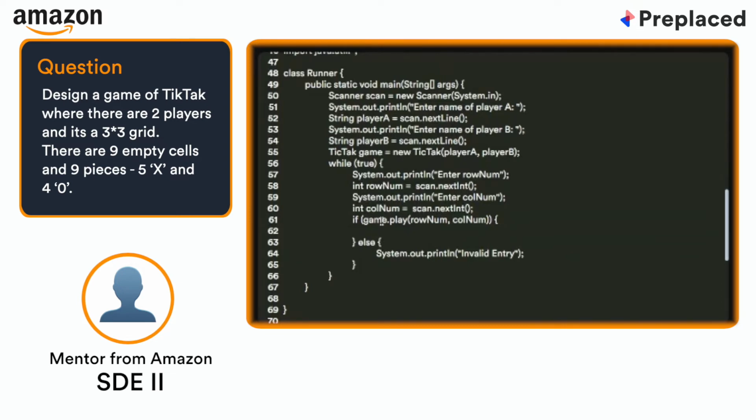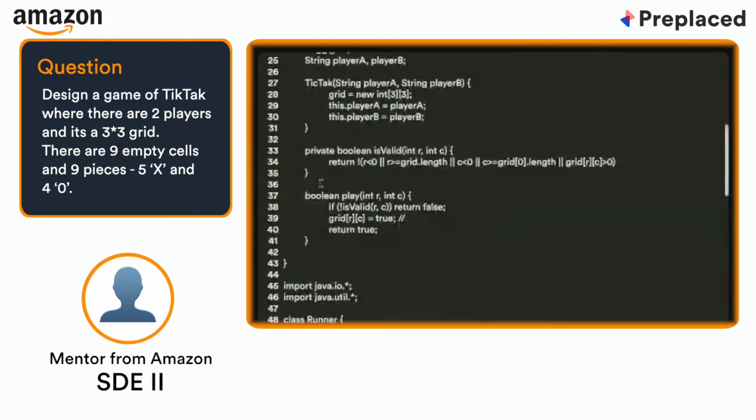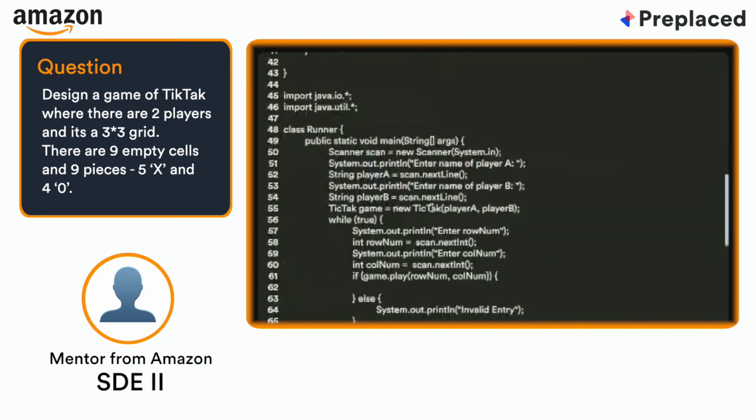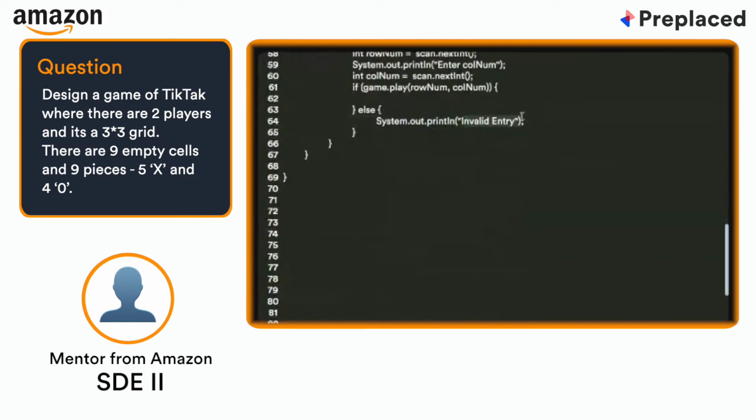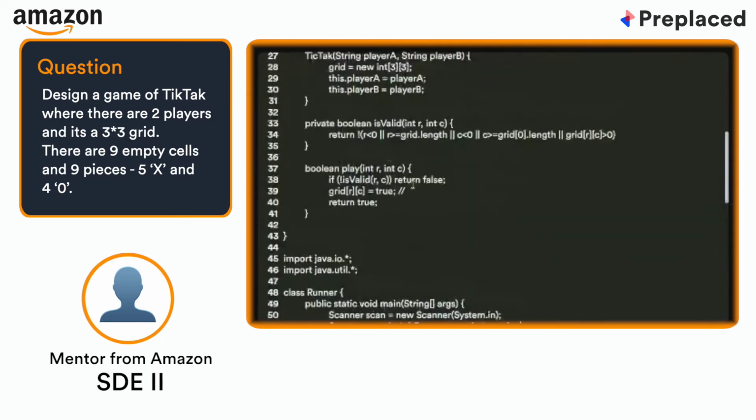If it returns false, then whatever row and column I have entered are invalid, so I will just print invalid entry right there. I'm calling play, and inside play I'm checking if the particular entry is valid. If it is valid, I will assign it some value. But if it is not valid, it will return false, and when it returns false, I will print that it is an invalid entry. Okay, makes sense.